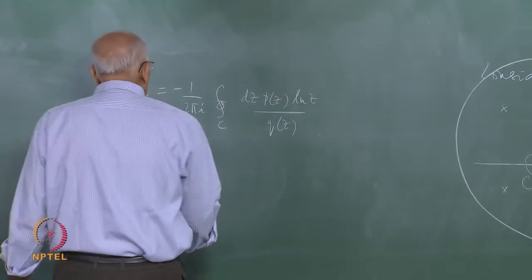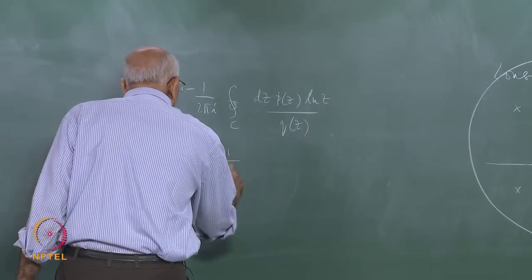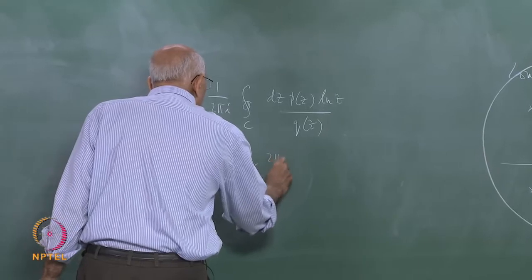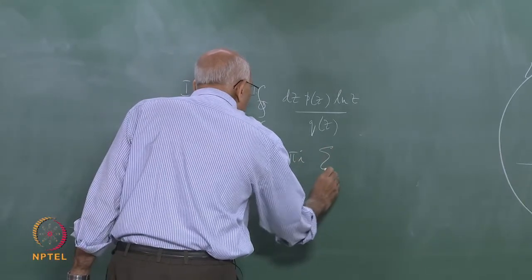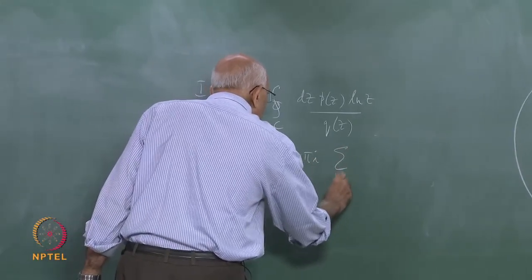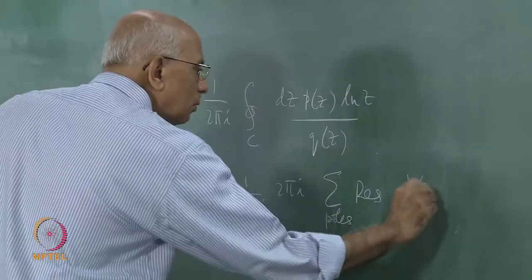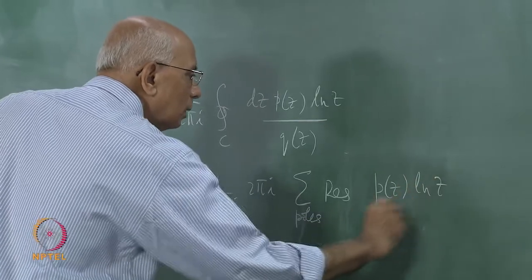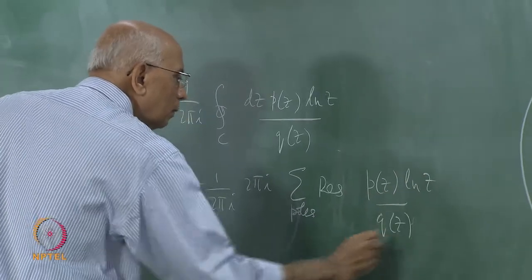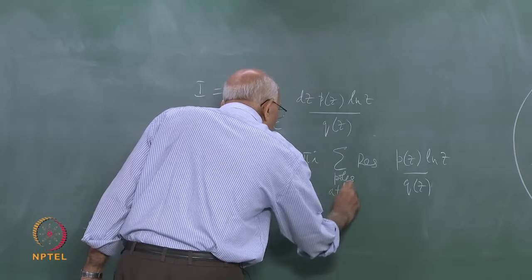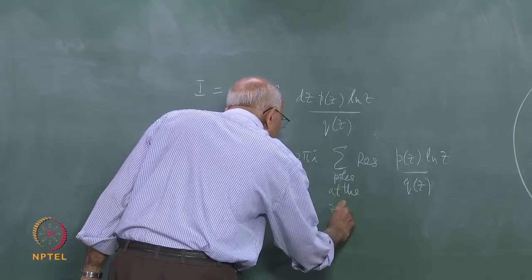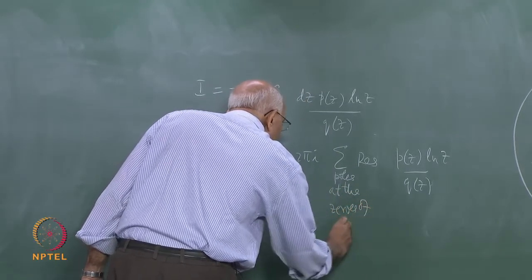So this guy here is equal to minus 1 over 2 pi i times 2 pi i summation over the residues, residue of p of z log z over q of z, poles at the zeros of q.